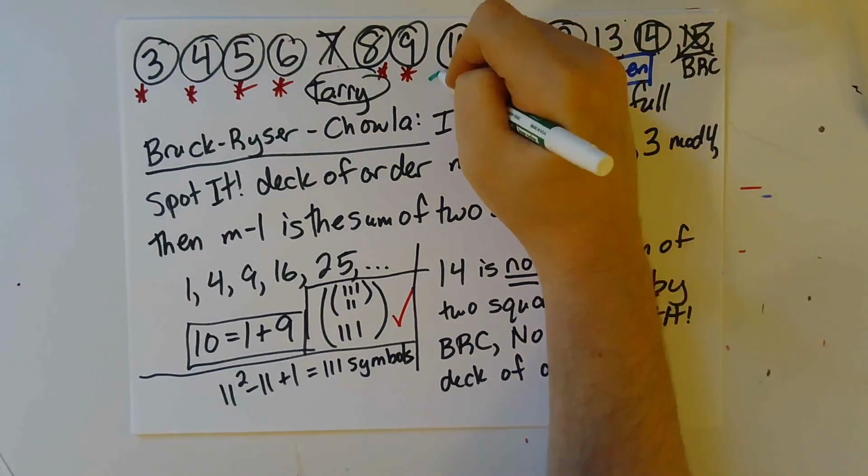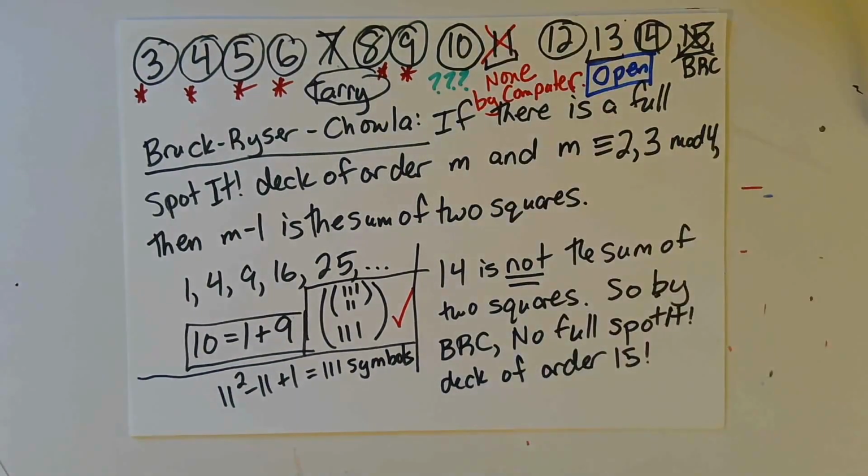Unfortunately, when you get to 10, it turns out there's not only the Desarguesian full spotted deck, there are actually 3 others. So for order 10, there's the spotted deck that we know how to make out of the field of order 9, and there are 3 others.